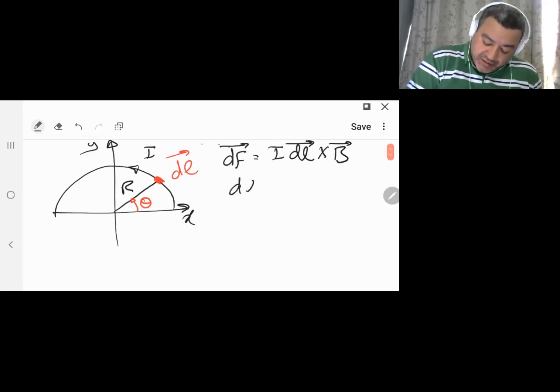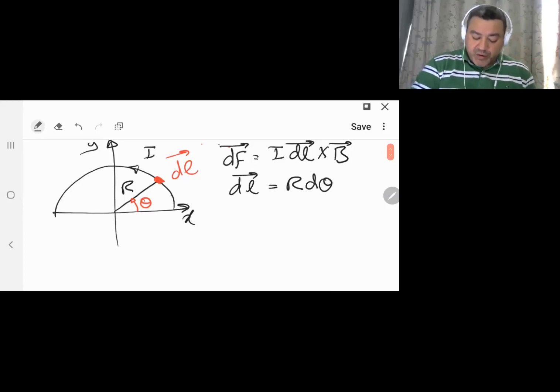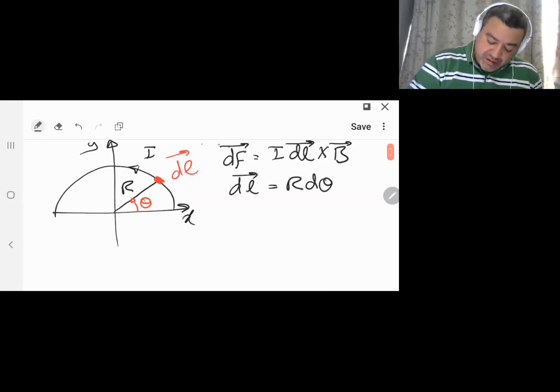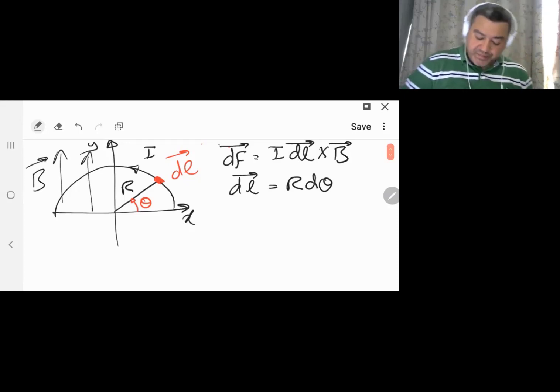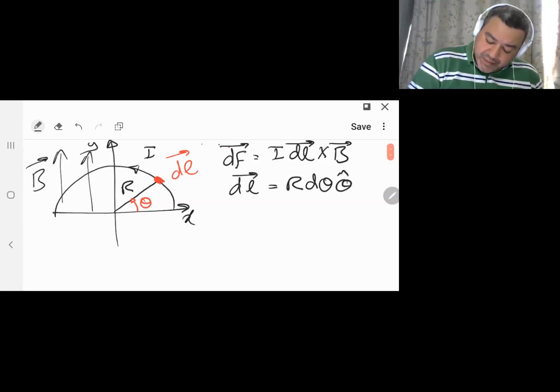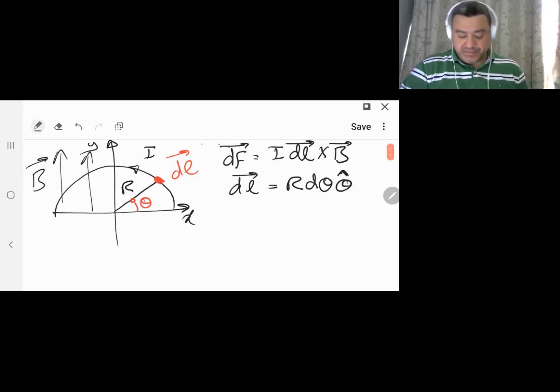My dL here is moving along this arc, which equals r d theta, and the motion is happening along the theta hat. B is pointing uniform this way.